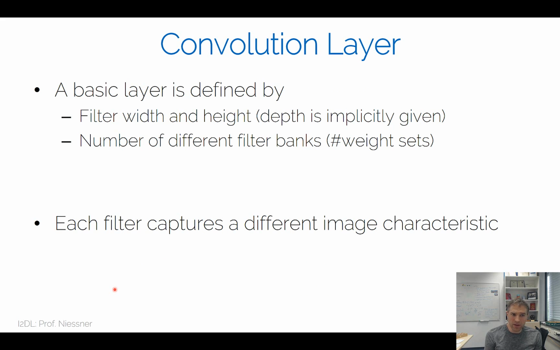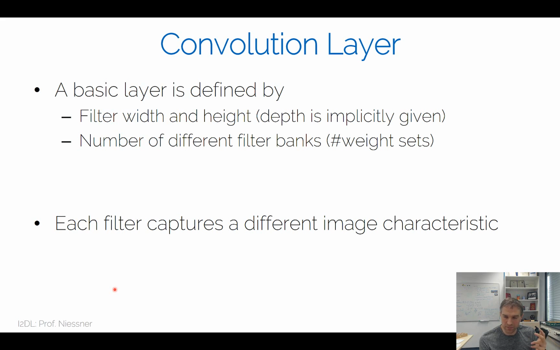Okay, so if we summarize this very quickly, a convolutional layer is defined by the filter width and the filter height. The depth is given by the input, so you don't have to define that. Whatever depth the input has, like an RGB image has 3 depth channels, so you have to use a filter of depth 3.